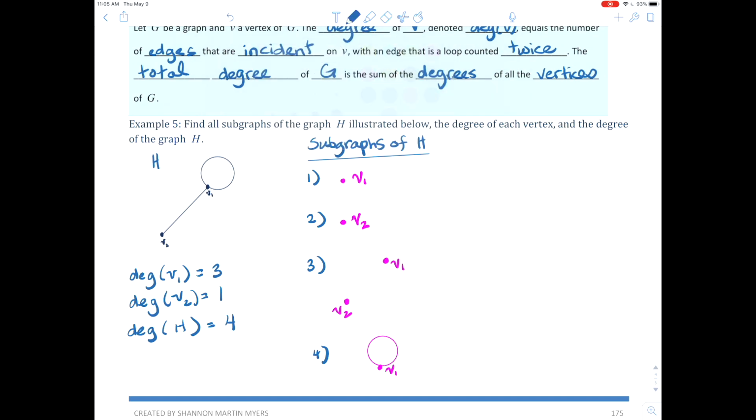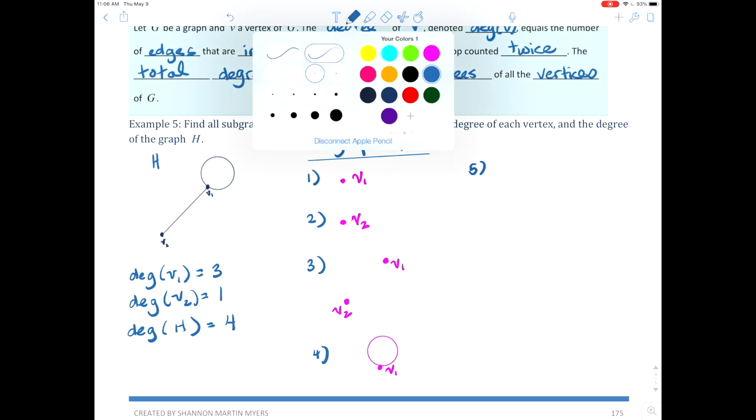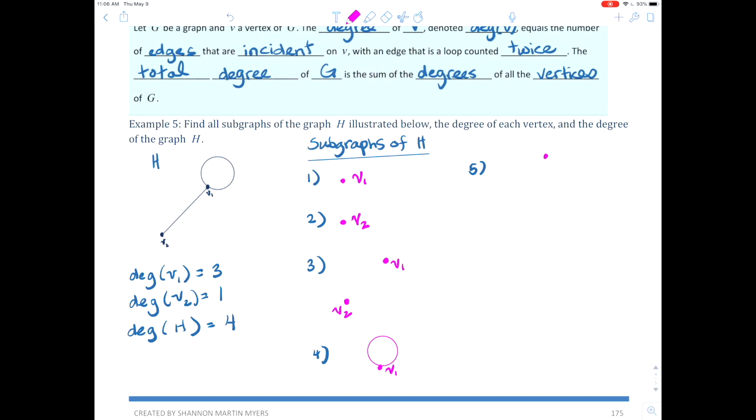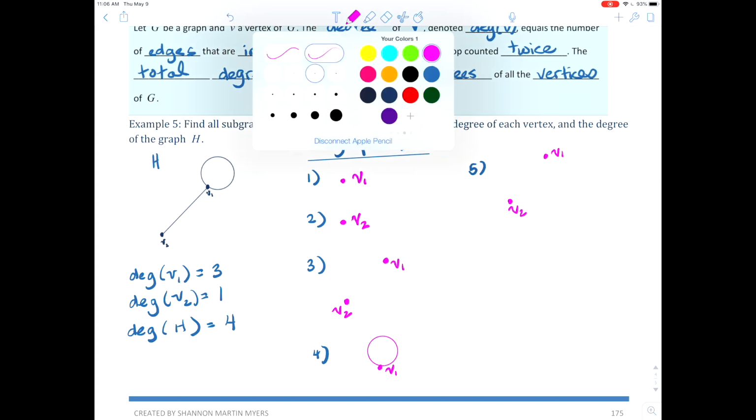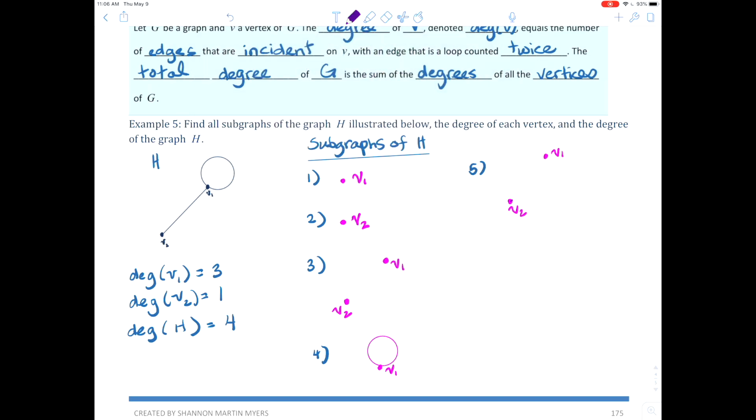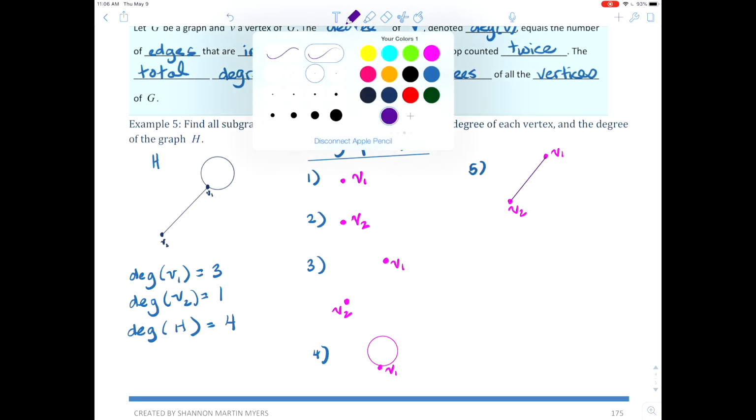And then continuing, a subgraph of H would be what? If I connected V1 and V2, right? So if I had V1 and I had V2 and I connected those guys, and then what else?